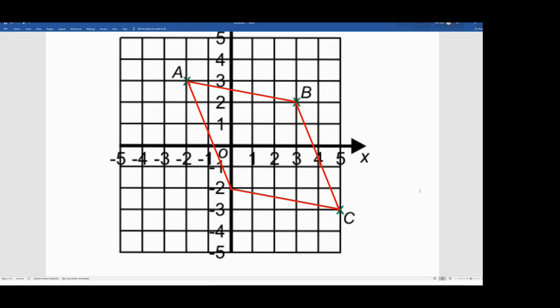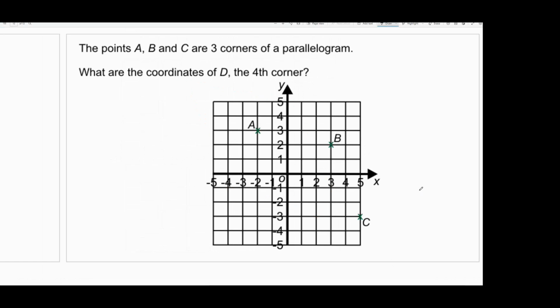So what would be the coordinates of the missing corner this time? Yeah, 0 minus 2, brilliant. So we just say bracket 0 minus 2, close bracket.